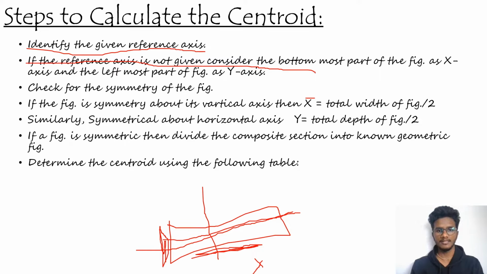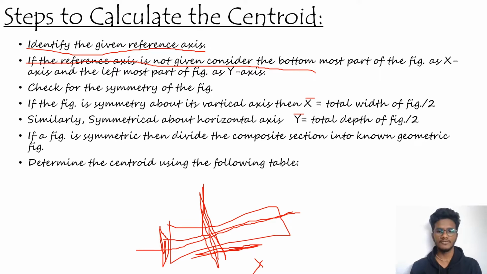Similarly, if symmetrical about horizontal axis, y bar is total depth of the figure divided by 2. If a figure is not symmetrical, then divide it into consecutive sections of geometrical figures.